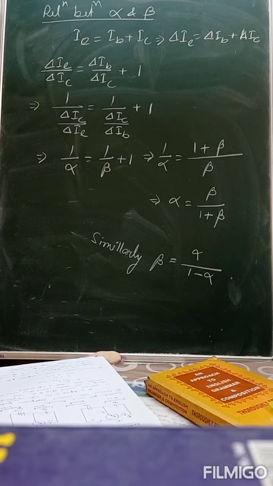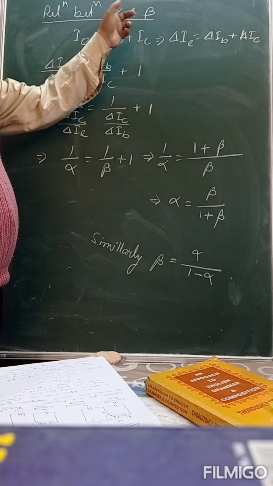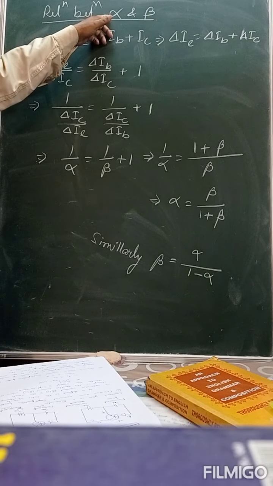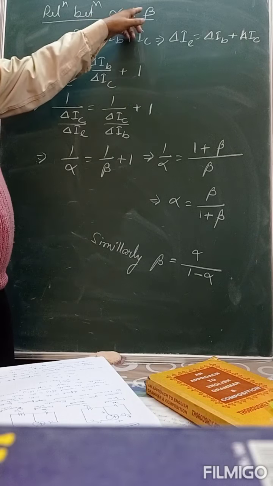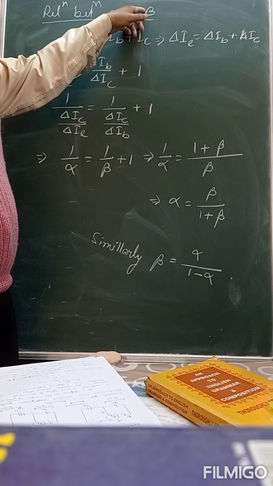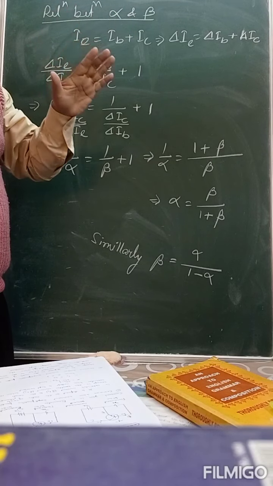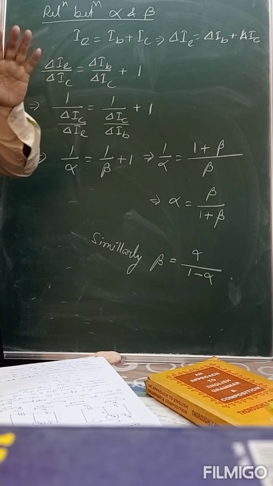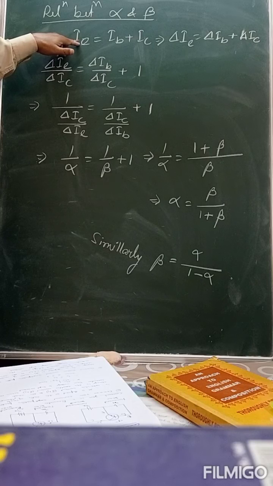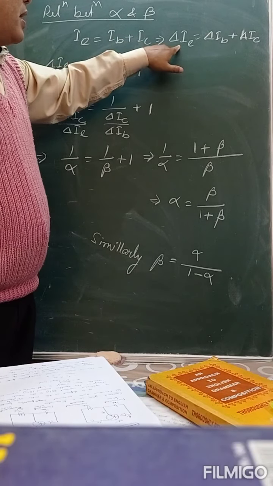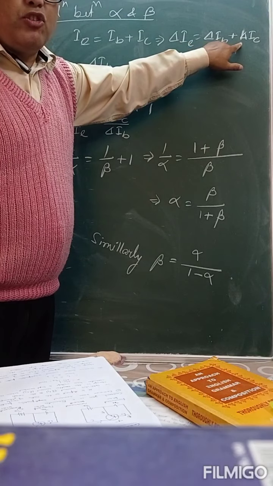Now we want to find out the relation between alpha and beta. Alpha was the common base current amplification factor and beta is the common emitter current amplification factor. We got that emitter current is base current plus collector current, so change of emitter current is change of base current plus change of collector current.